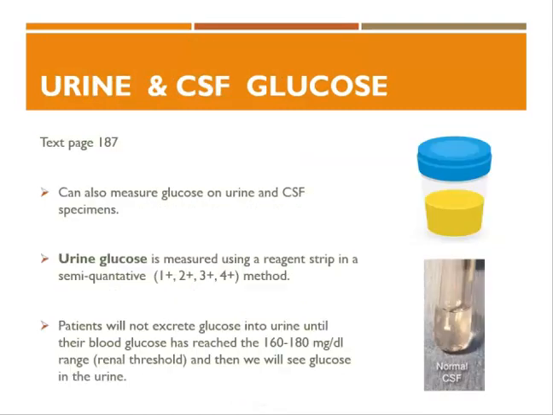You can also measure glucose in urine and spinal fluid specimens, or cerebrospinal fluid specimens, CSF. Urine glucose can be measured on a reagent strip in a semi-quantitative method using a 1 to 4 plus method. Something to remember about glucose in urine is that patients will not excrete glucose in urine until their blood glucose has reached the renal threshold of 160 to 180 milligrams per deciliter, and then you will start to see the glucose in the urine.